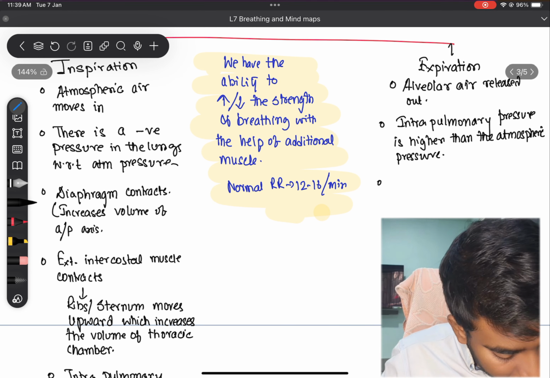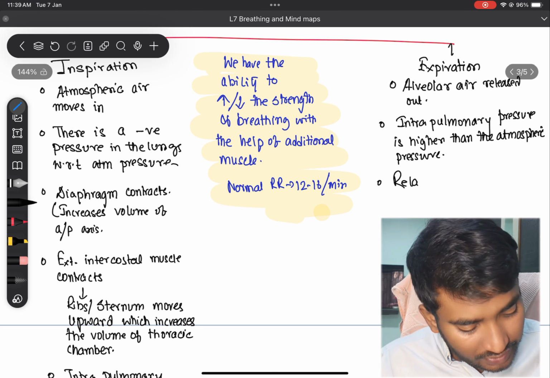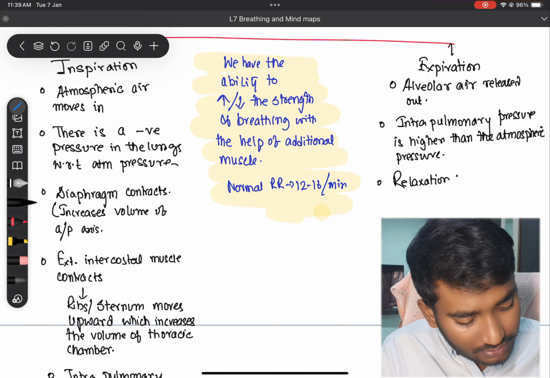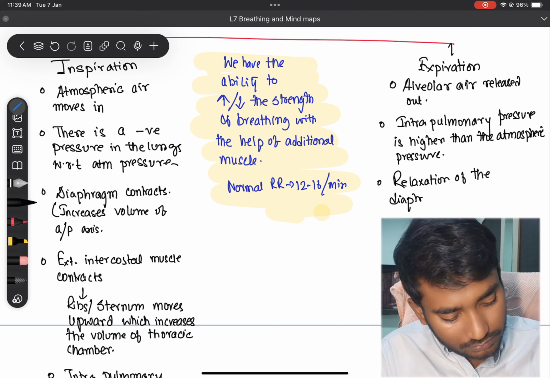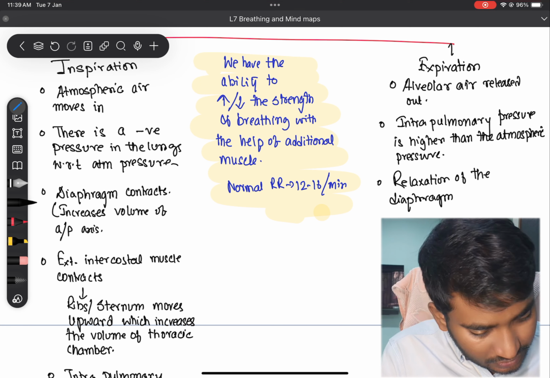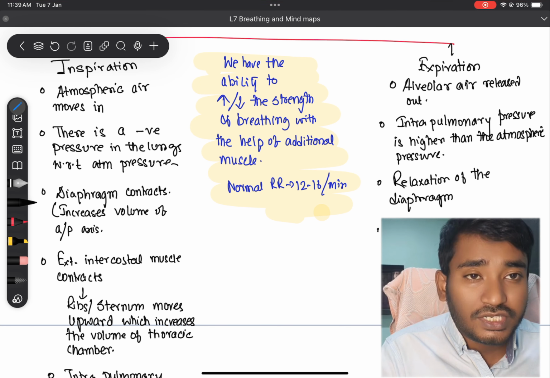So, next, relaxation of the diaphragm. Intrapulmonary pressure is increased.